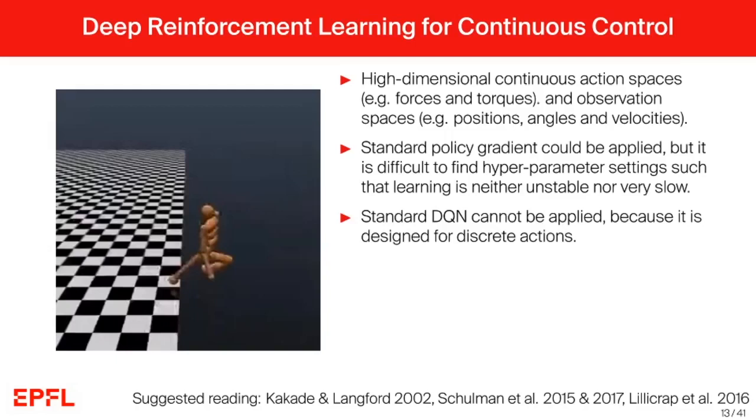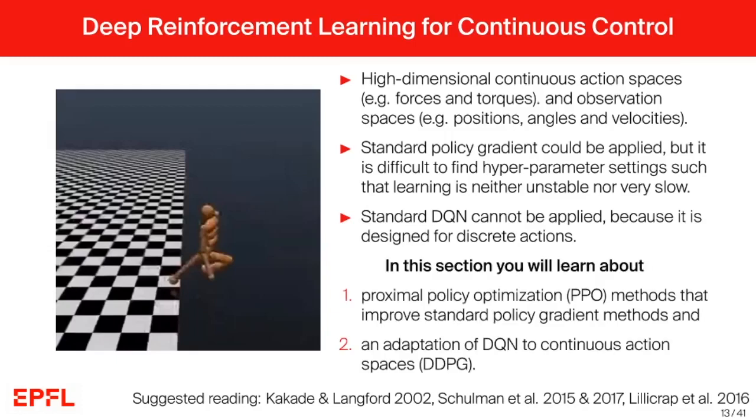Off-policy reinforcement learning methods like standard DQN cannot be applied because DQN, as it was presented until now, is designed for discrete actions. Now, in this section, you will learn about proximal policy optimization, PPO methods, that improve standard policy gradient methods. And you will learn about an adaptation of DQN to continuous action spaces.